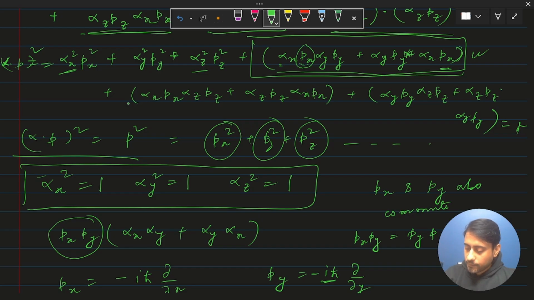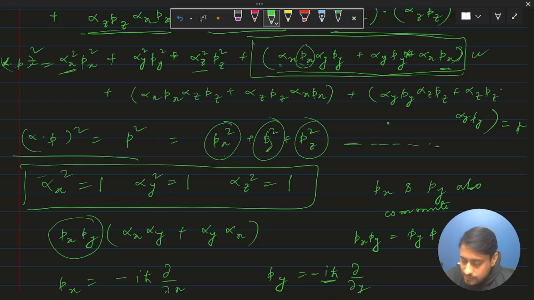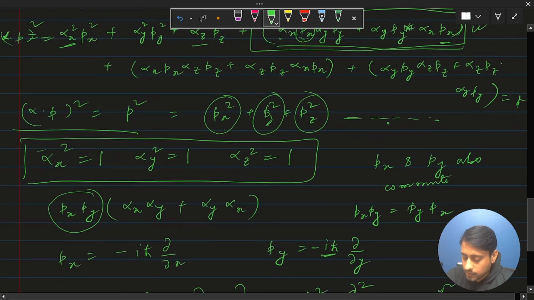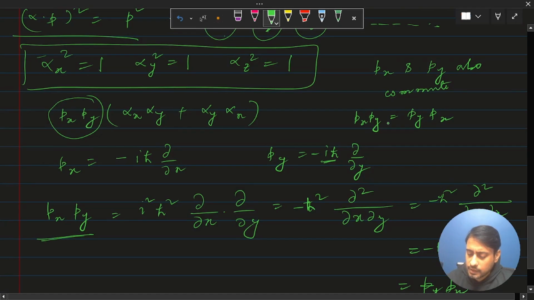But we know that except for px square, py square and pz square, there are no terms. So the sum of these three brackets could be 0, and this is possible only if these three brackets are separately 0.